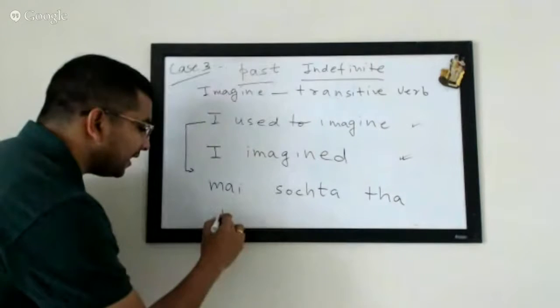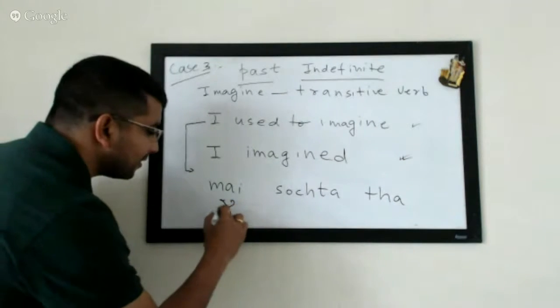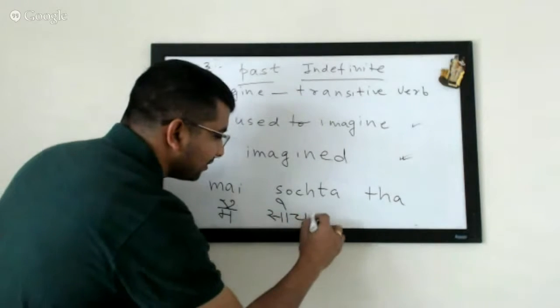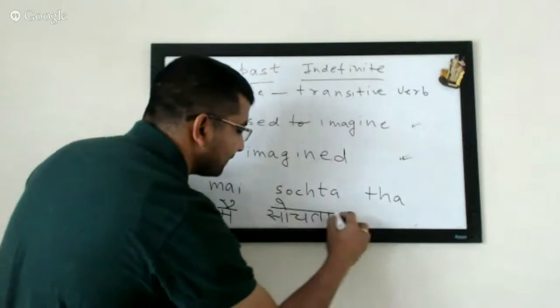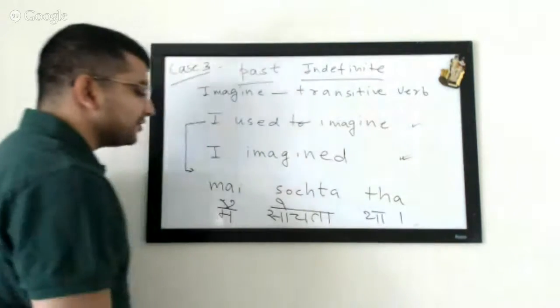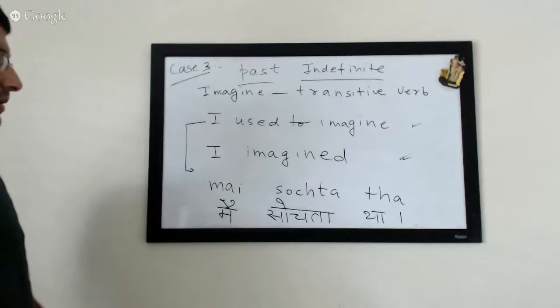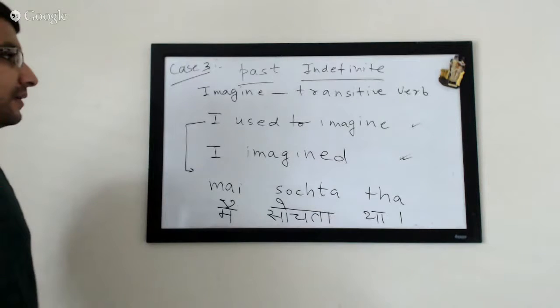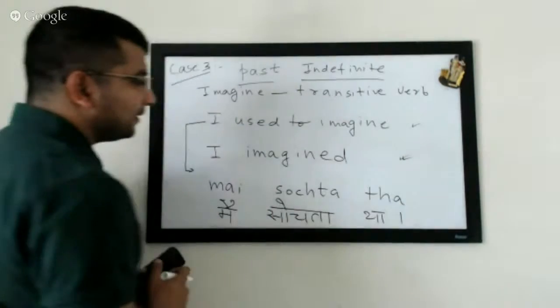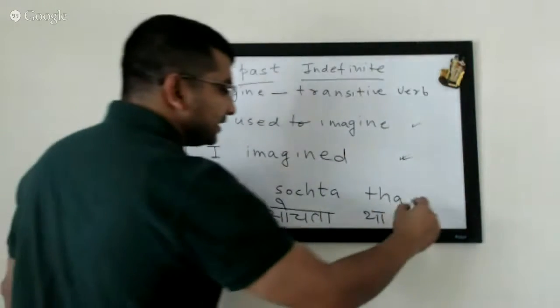And you will say मैं सोचता था. It means I used to think or I used to imagine. Simple, right? I hope you were able to write it. मैं सोचता था and मैं सोचती थी for a girl.